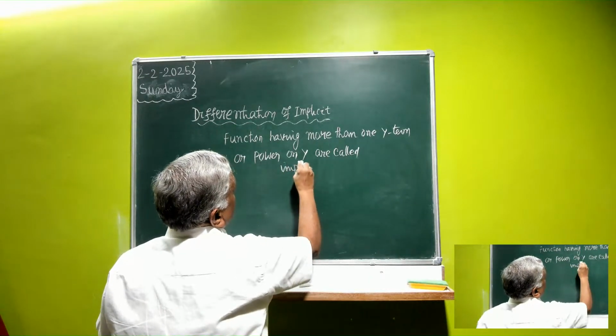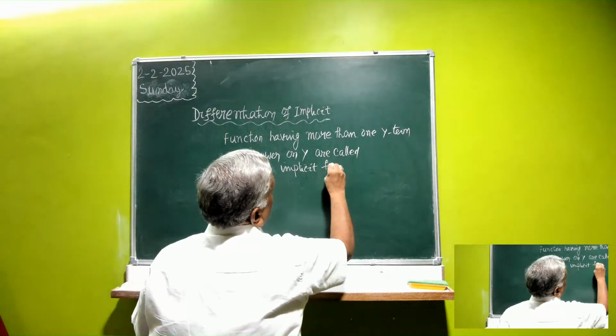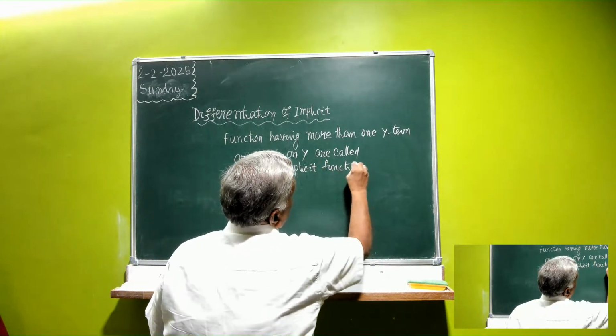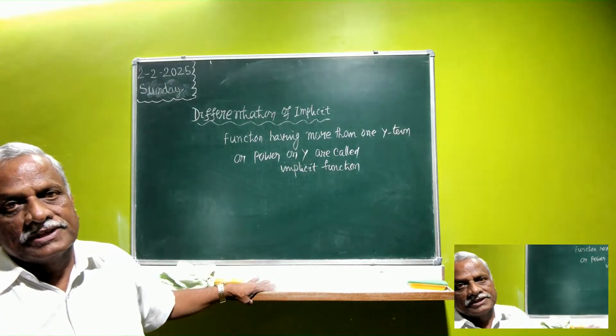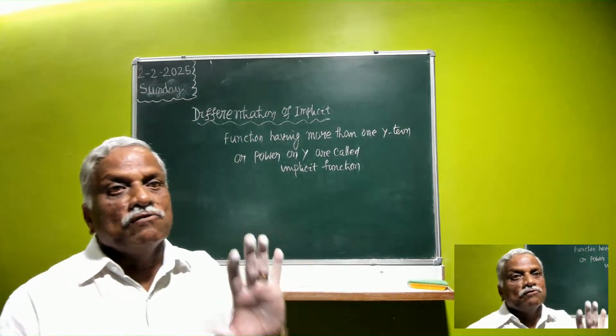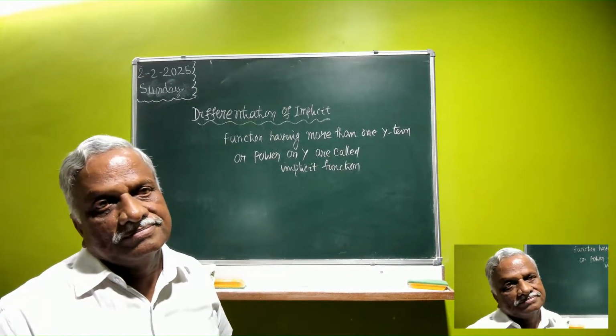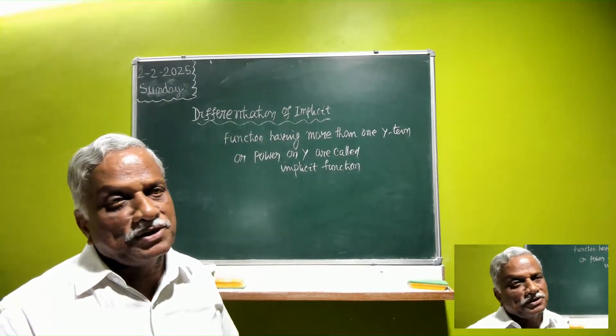See, this is not the actual definition. I don't want to confuse you by giving the actual definition. I am just putting it in a format where you can understand easily. Any function where you find more than one y term or the power on y, they are called implicit functions.